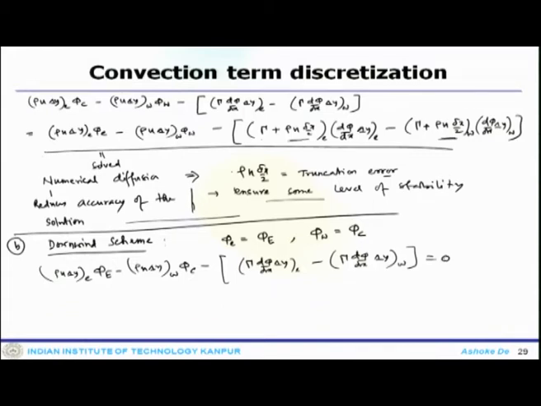That is our discretized equation, again assuming a uniform grid.